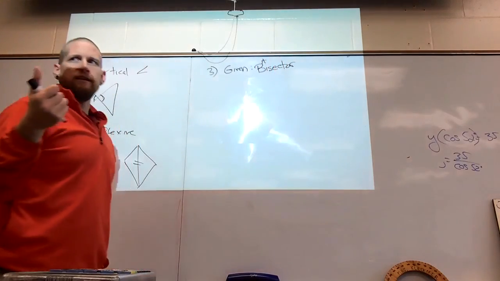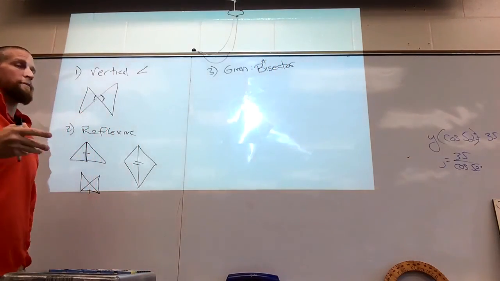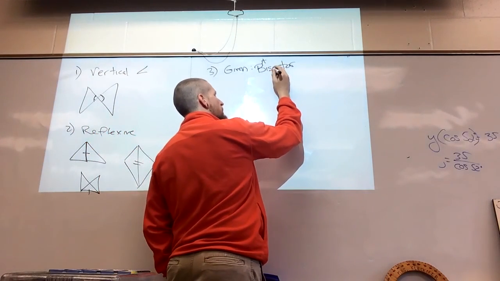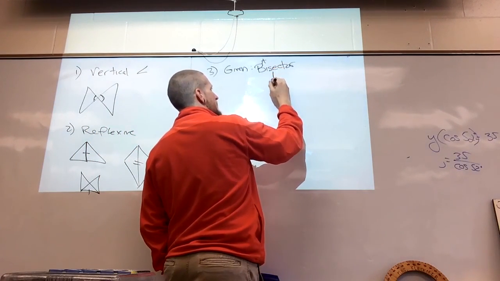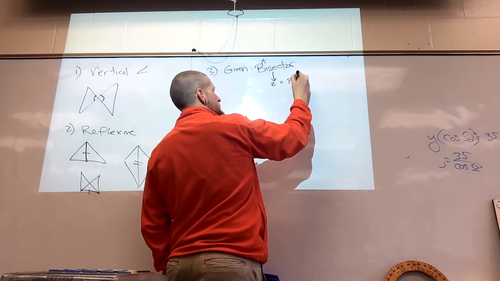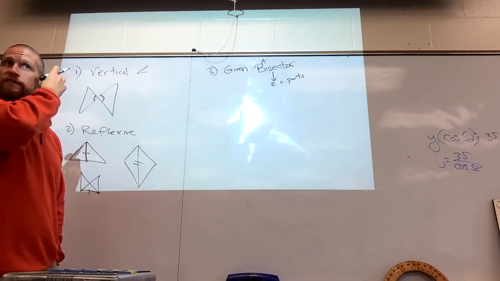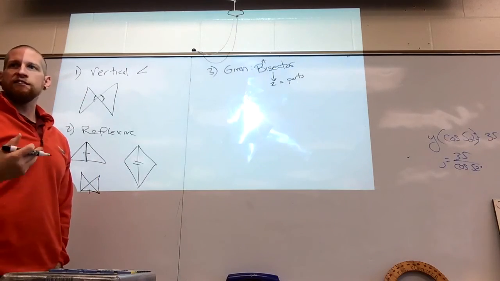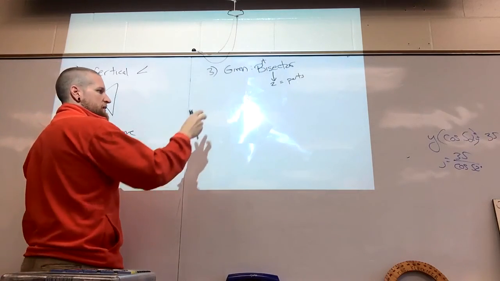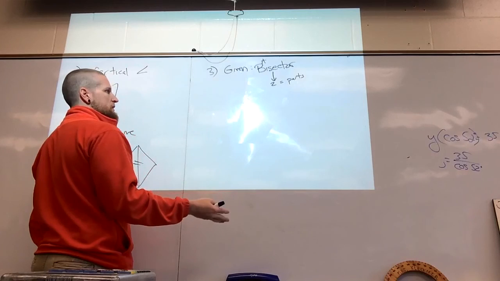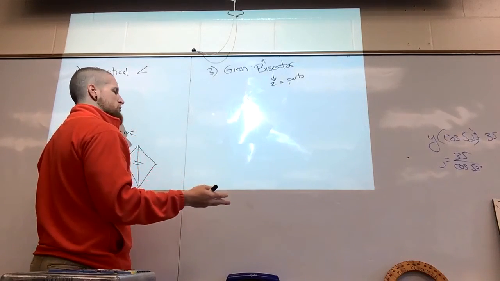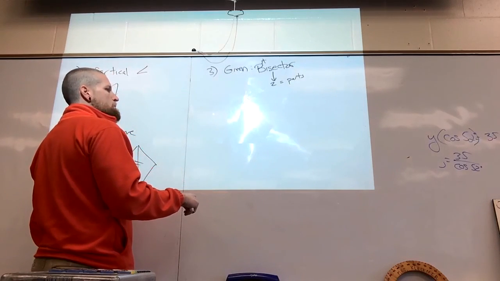That could be bisecting a segment or bisecting an angle. Now, we've already dealt with this word before, right? Bisect means two equal parts, correct? Right? Splits it in half. So if I say something is bisecting a segment, I would naturally put that two segments are equal. If it was bisecting an angle, I would put two angles are equal.